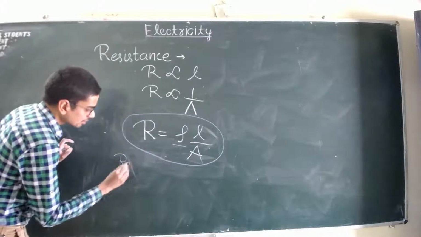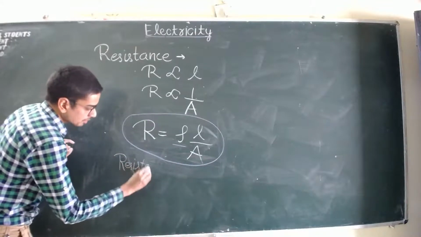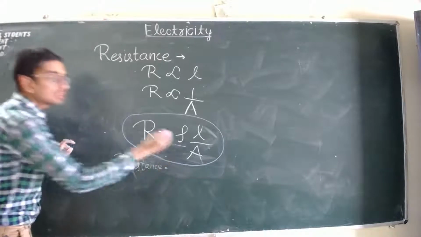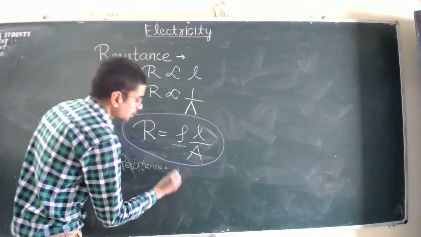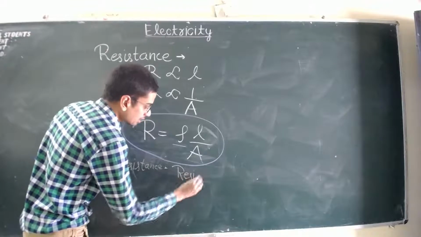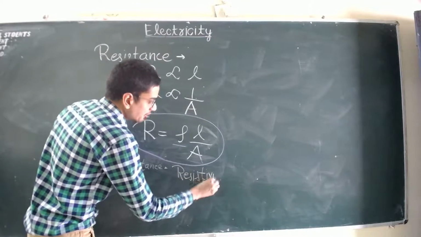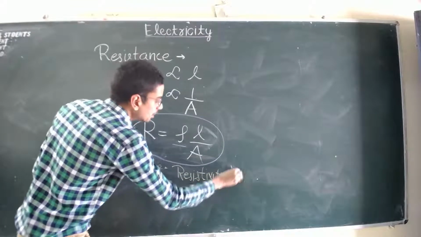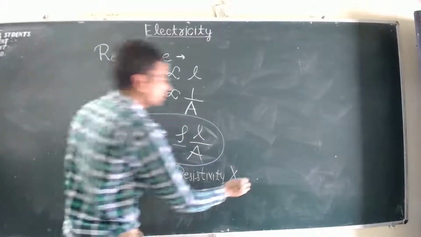Resistance is equal to resistivity multiplied by length upon area.